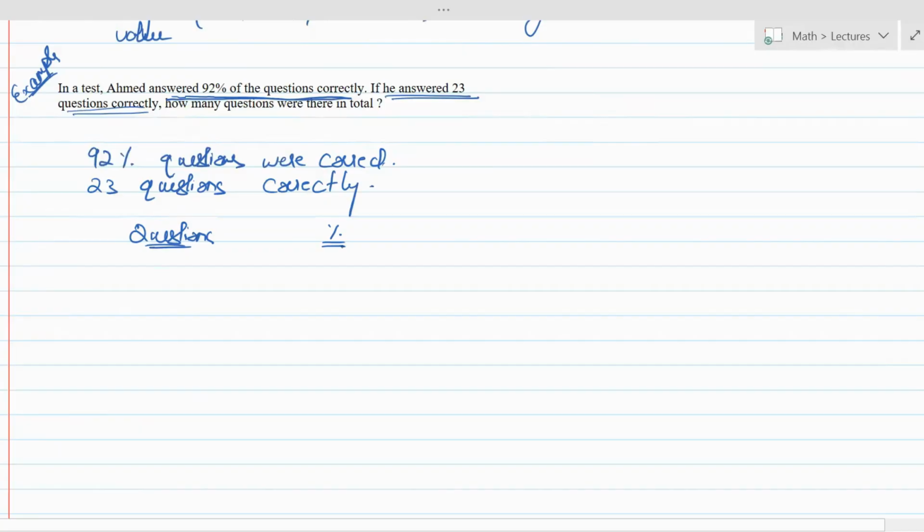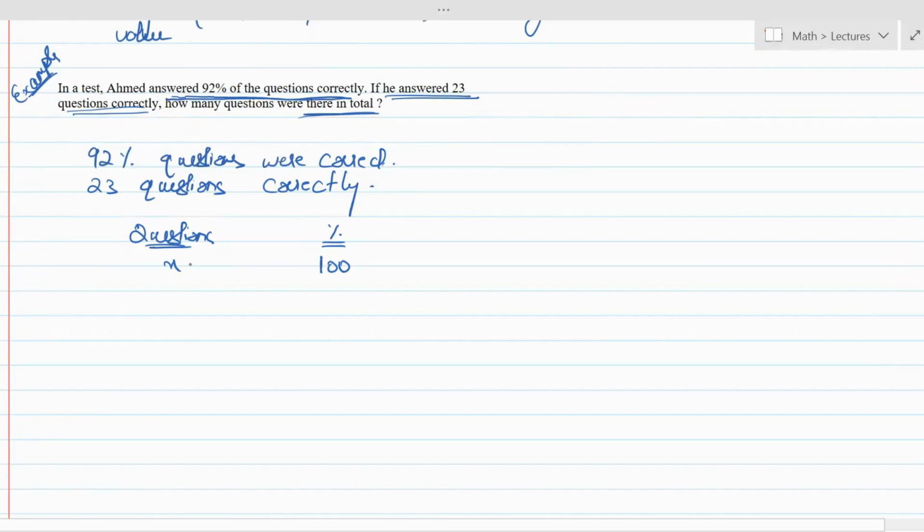Always remember the first set of values is the originals only, and for originals the percentage is always 100 to start with. In front of this 100% it's the original questions, the total number of questions, which is something we need to find. So we are keeping this as X.